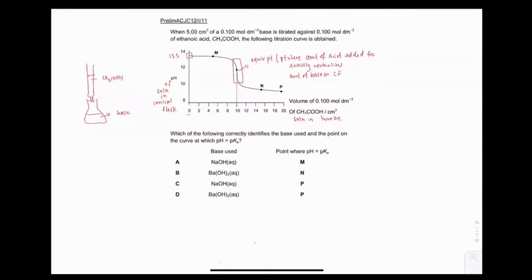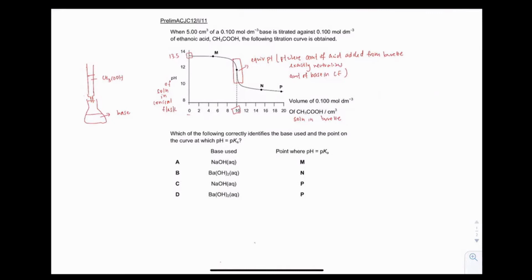So take note that this is the point where the amount of acid added from the burette exactly neutralizes the amount of base in the conical flask. Over here, we have 10 cm cube. This means that 10 cm cube of ethanoic acid exactly neutralizes the base in the conical flask.